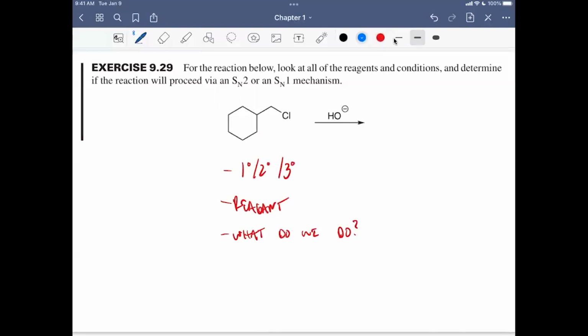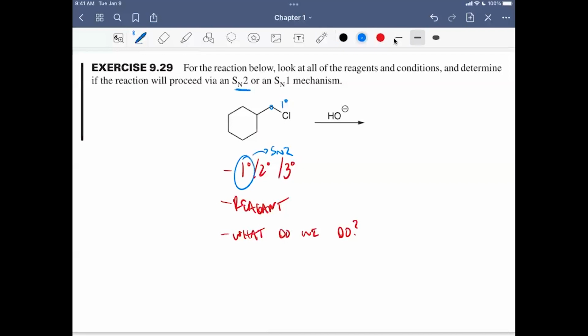This is a primary chlorine, because that carbon is only attached to that one chlorine, so this would be primary. So if it's primary, we're dealing with an SN2 synthesis. So this is an SN2.